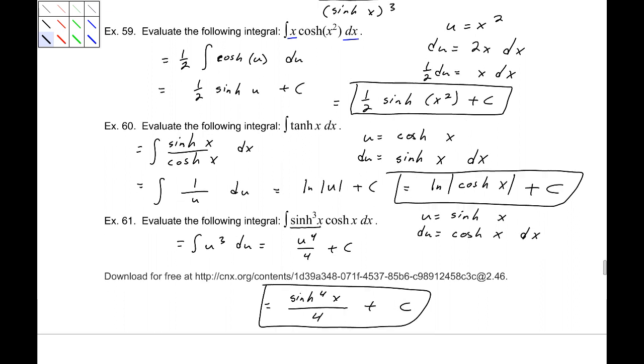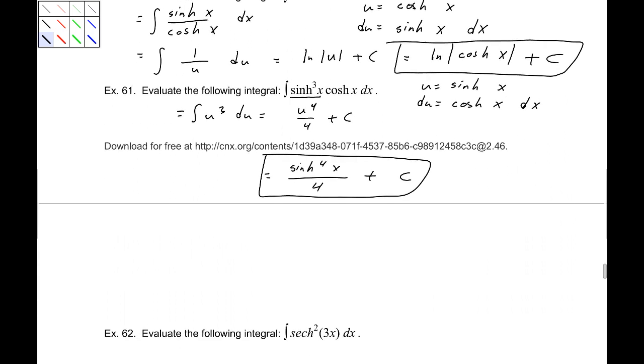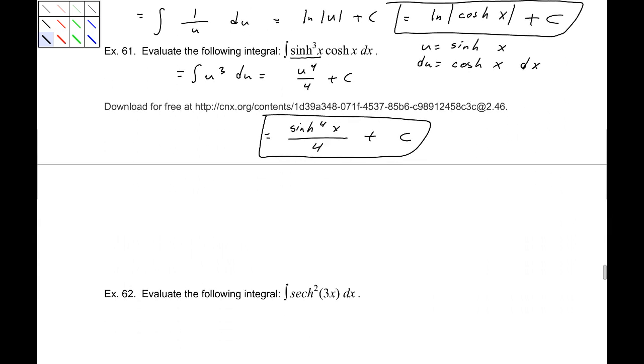Okay, next. Last integral of this form we're going to have, kind of flying through this, is hyperbolic secant. First we should notice we have an inside function, 3x, which would make du 3 dx, or 1/3 du equals dx.